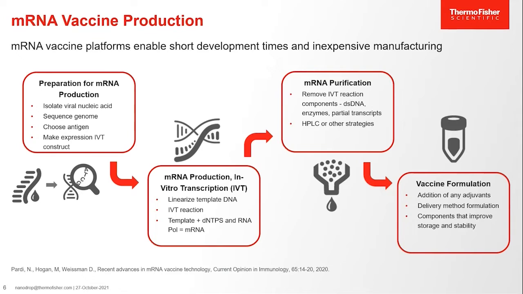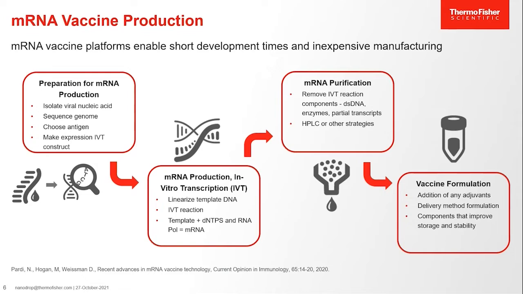Once we have that, we go into mRNA production using in vitro transcription, which starts by linearizing the template DNA, going through the IVT reaction and adding in that template, the dNTPs, and the RNA polymerase to get the mRNA transcript.